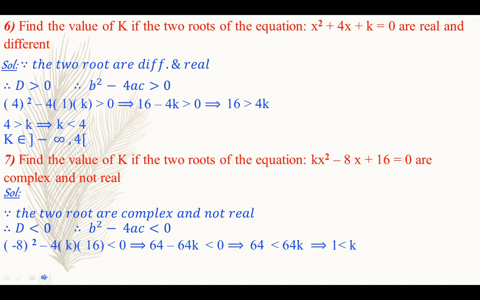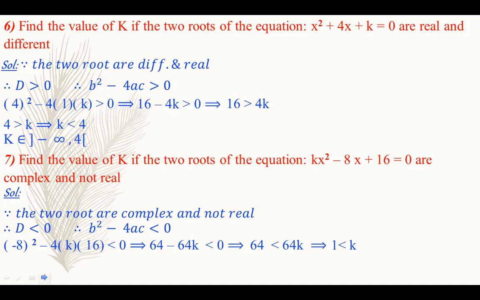So k may be equal to 2 or 3, 4, 5, 6, 7 and so on. How can we write this? We can write this in the form of an interval, k bigger than 1. So k belongs to all the numbers bigger than 1, from 1 open to infinity.